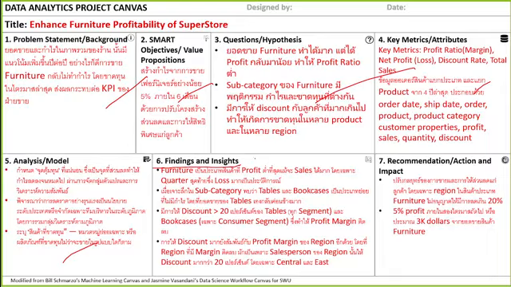And then we have the findings from our data that we already did with the visualization and the pivot table.